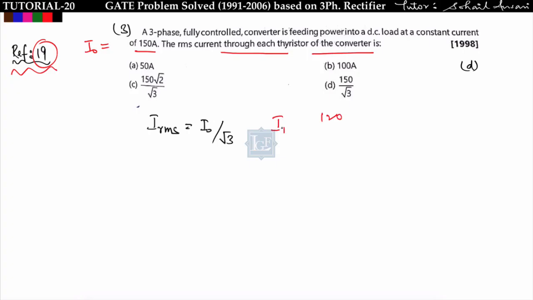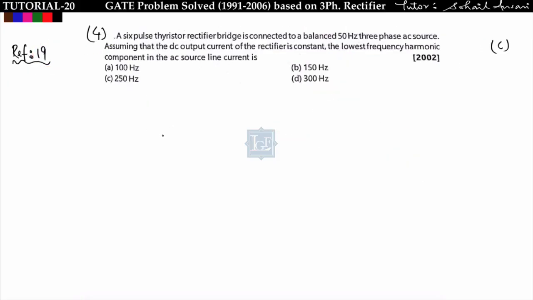Then the RMS value of thyristor current is equal to I naught into conduction angle 120 degree upon total time period 360 degree, under root, so I naught under root 1 by 3, that is equal to I naught by root 3. I naught is given as 150 ampere, so dividing by root 3, you will get option D.